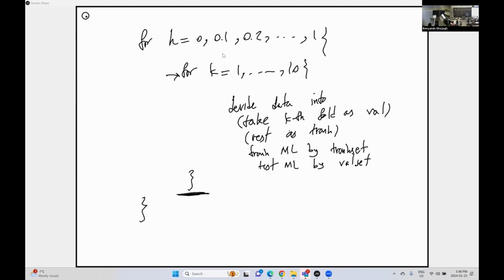Therefore, we can take the average of these 10 errors, right? As a result, for every h value, I have one average validation performance. One of them is the best validation performance. That would be the best h.